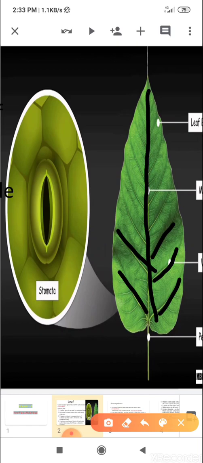The water which is absorbed from the root is transferred first into the stem, then the stem transfers the water into the leaf. From here the main vein and the side veins transfer the water, minerals and the prepared food to the whole part of the leaf.